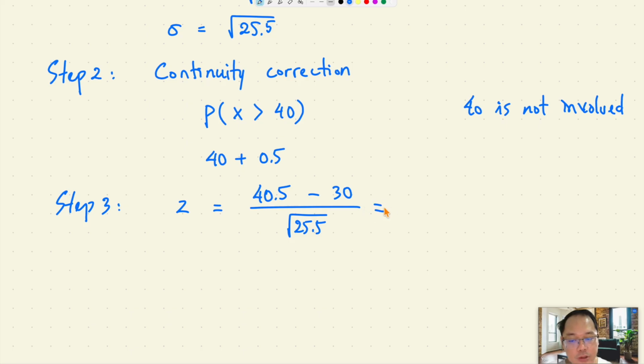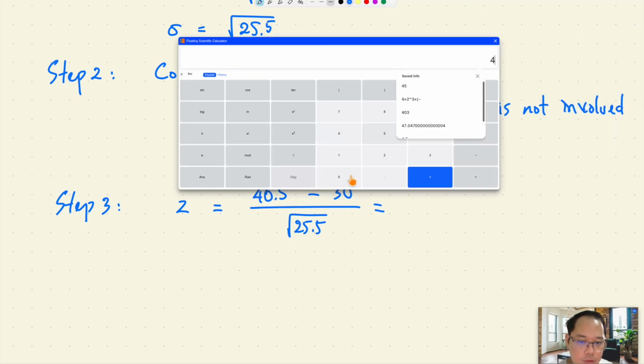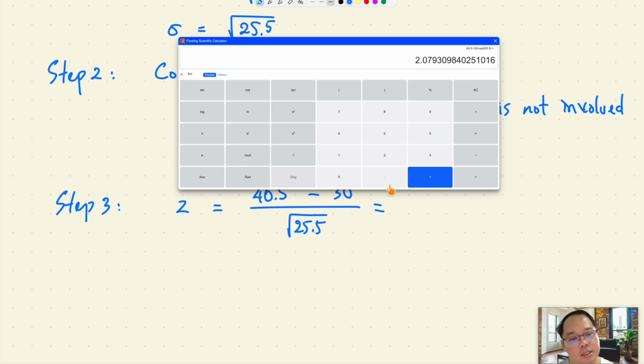To calculate the z-score, 40.5 minus 30, the mean, put a bracket around it, and then divide the difference by the square root of 25.5, which is the variance, and the square root is the standard deviation. We have 2.0793. I round it up a little to 2.08.